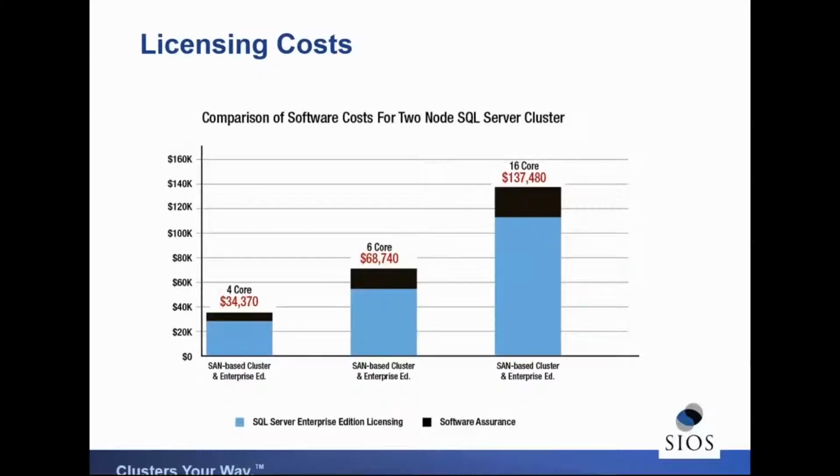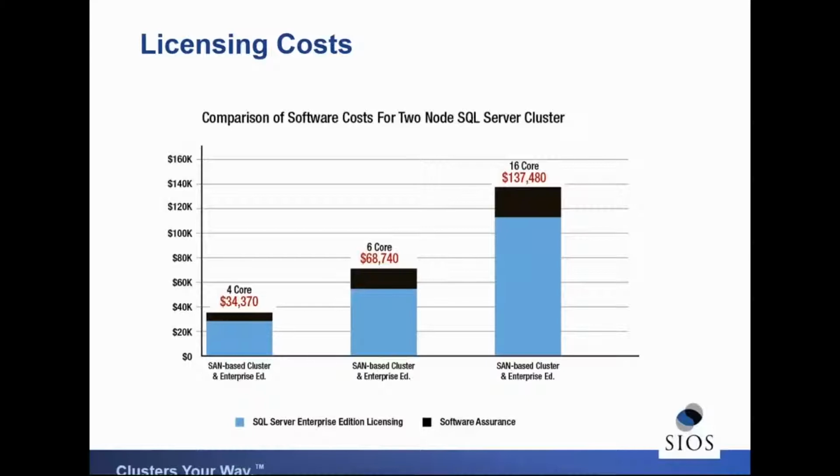So let's look at our total licensing cost for a 2-node SQL Server cluster running SQL Server Enterprise Edition. Here we have a 4-core server, and a 4-core server nowadays is typically going to be a VM, just because it's hard to find a single proc physical server.